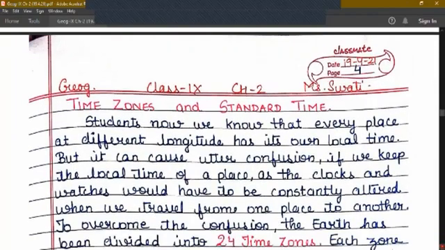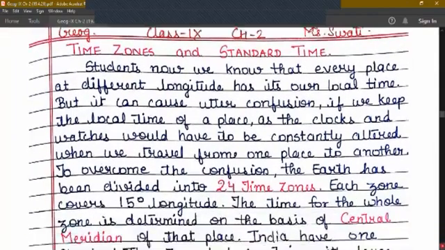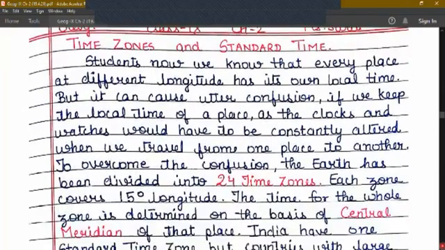Now let us discuss time zones, children. Time zones and standard time, right? Students, now we know that every place at a different longitude has its own local time.